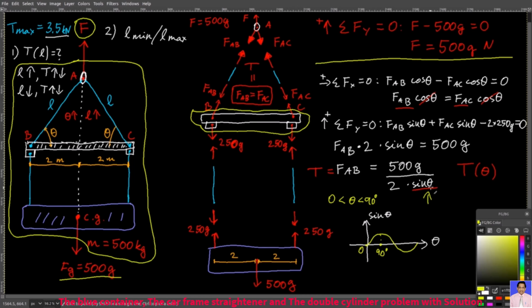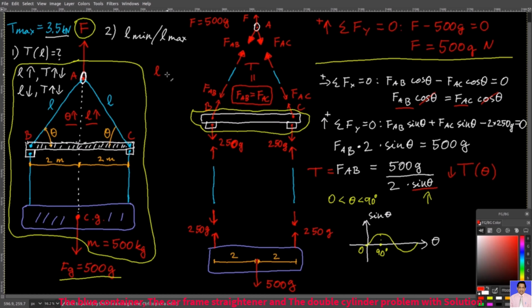It becomes bigger. But it's in the denominator, which means that if your denominator becomes bigger, then your tension force becomes smaller. So if your length increases, then your theta increases, then your sine theta increases, and then your tensile force decreases, which means that increasing the length of these cables decreases the tensile force here.